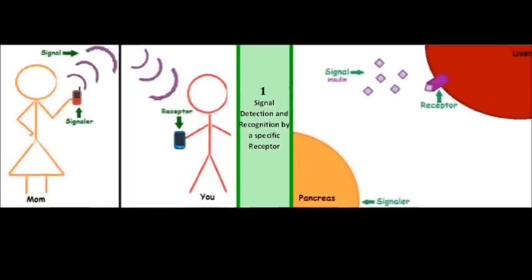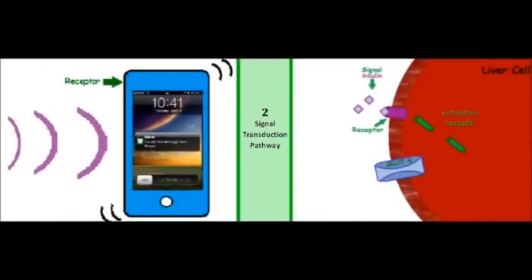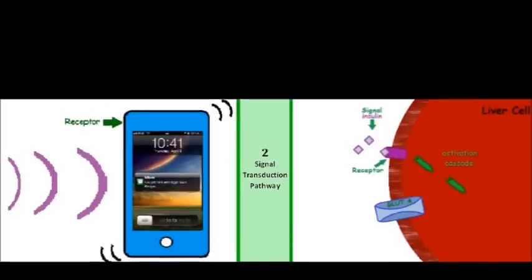Now, let's review the basic signaling process of cells. 1. Signal detection and recognition by a specific receptor. 2. Signal transduction pathway. 3.